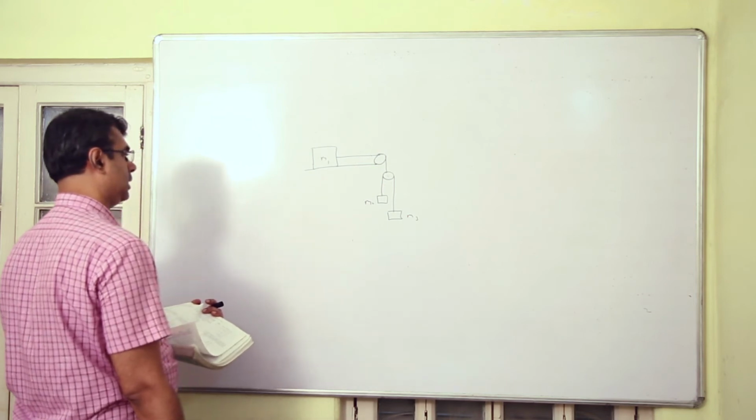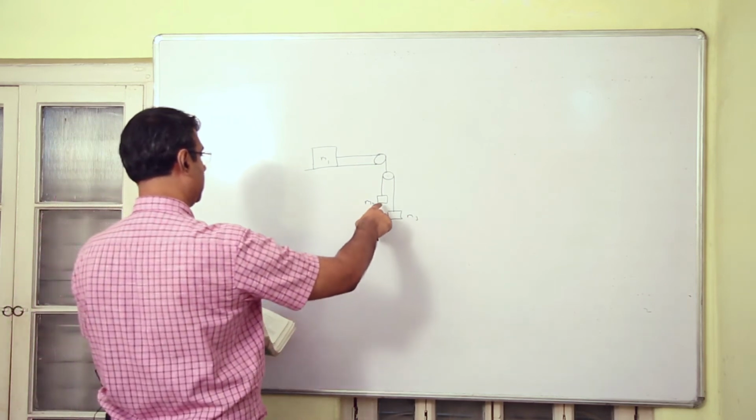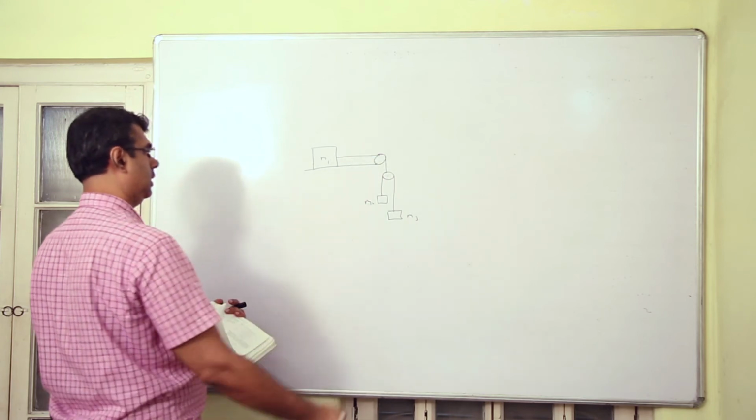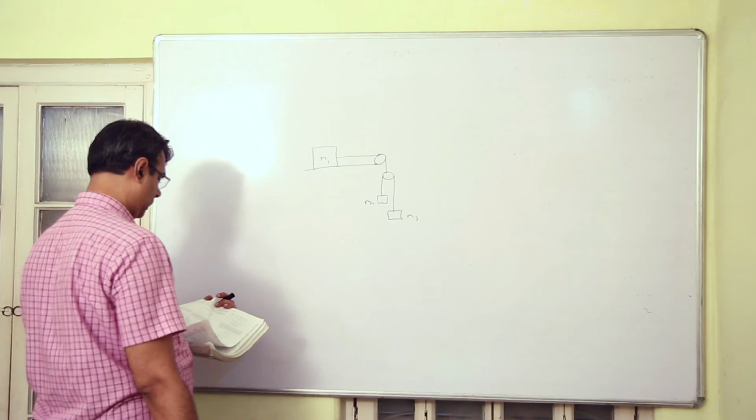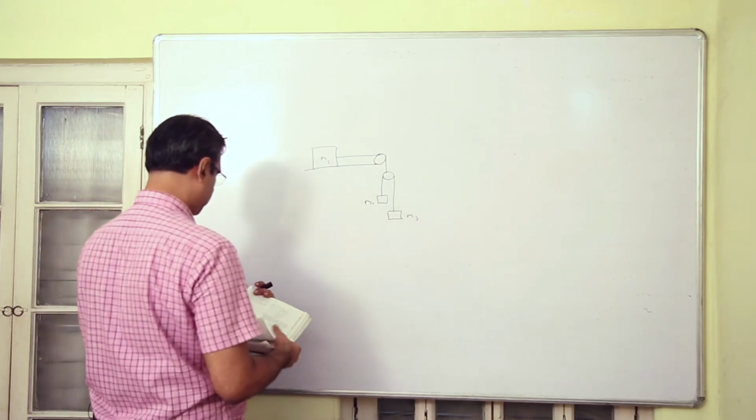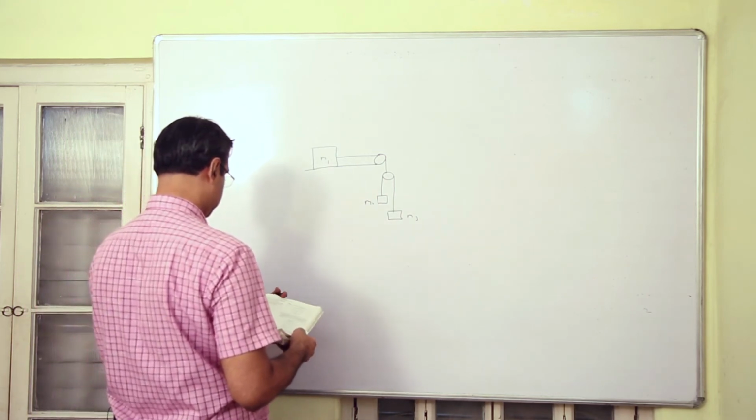Now here, it seems that these two are moving with this pulley as a system, and this one is attached only to this pulley. So how do we analyze the motion in this case?